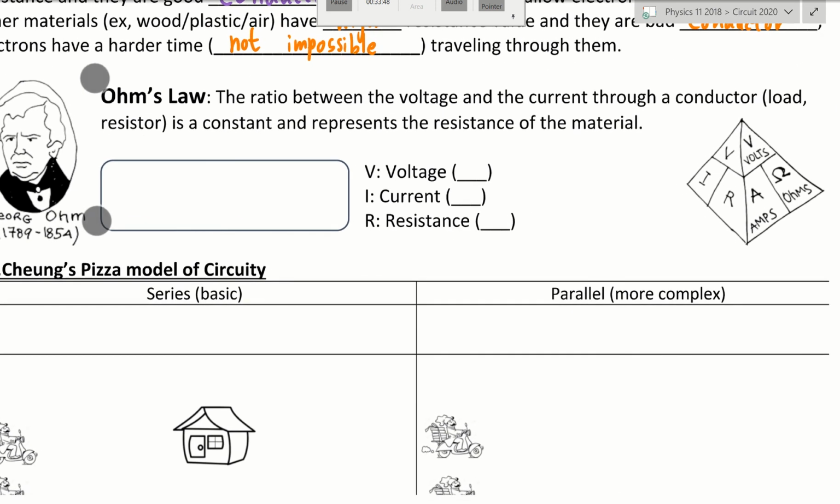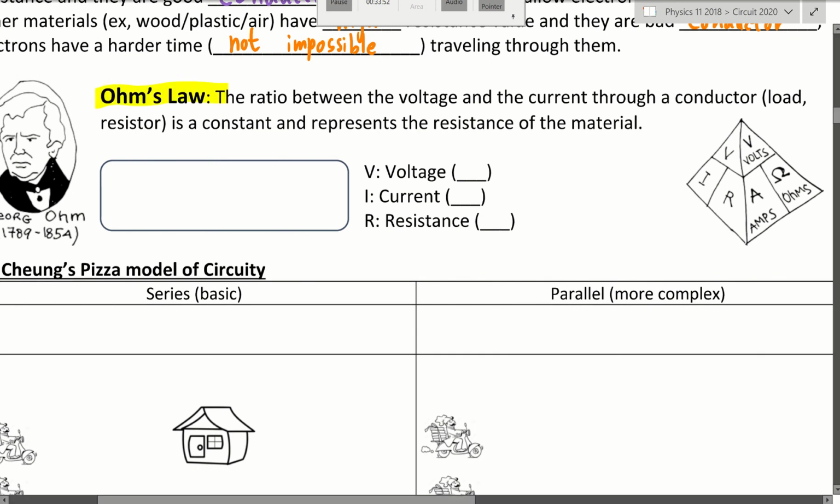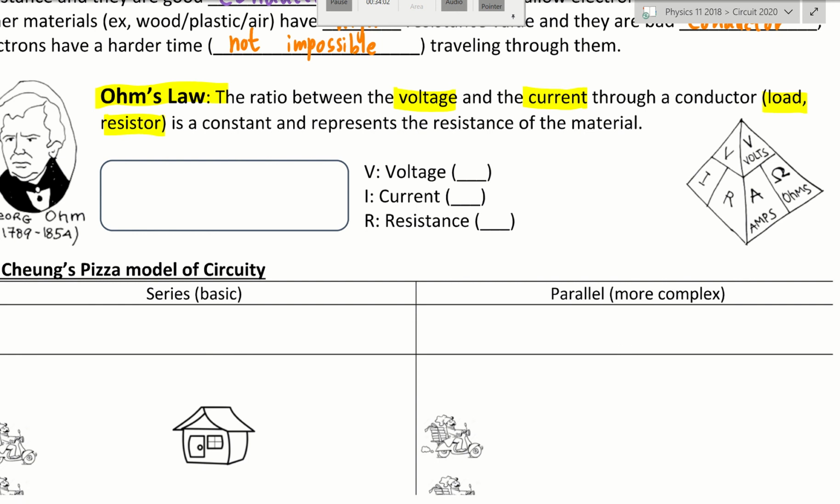He realized that for a material, you can have a power source connected to it. How much current goes through it depends on whether the conductor is a good conductor or a bad conductor. It depends on the resistance of the object.